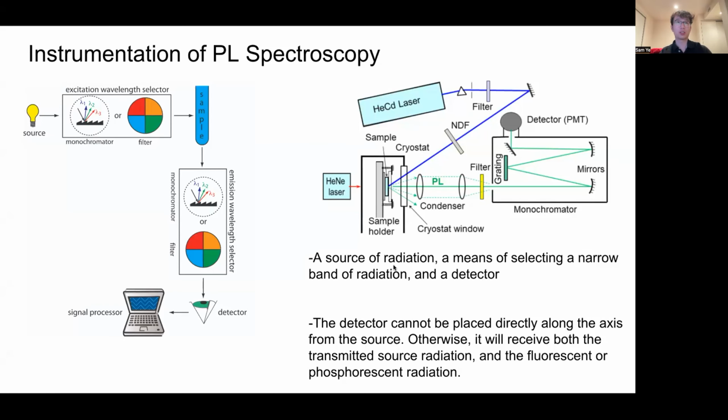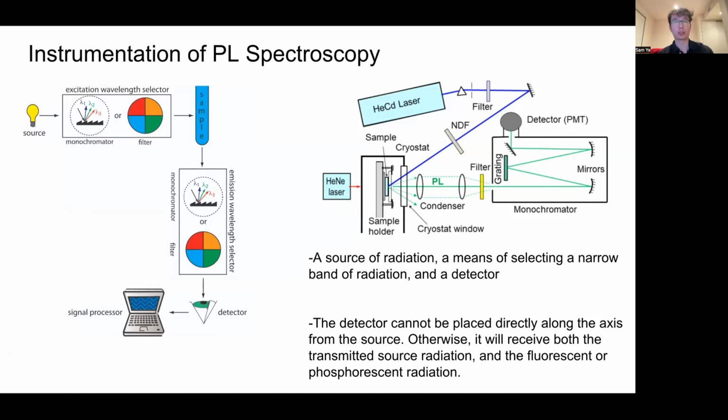Okay, let's switch gears and start talking about PL spectroscopy. The image on the left shows the simplified version of the spectrometer, always containing a source of radiation, a means of selecting a narrow band of radiation, and a detector. The image on the right is an actual experimental setup for measuring and analyzing the defects in gallium nitride, which Tai will go in depth talking about.